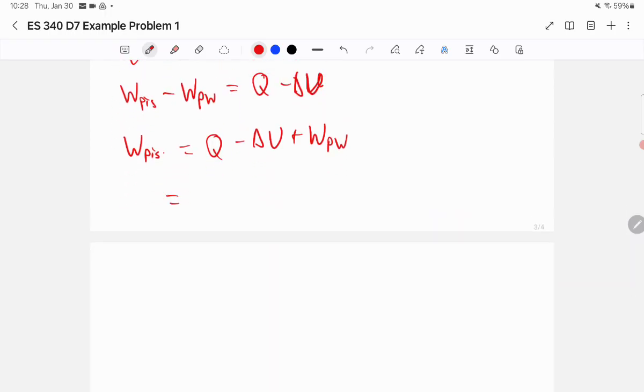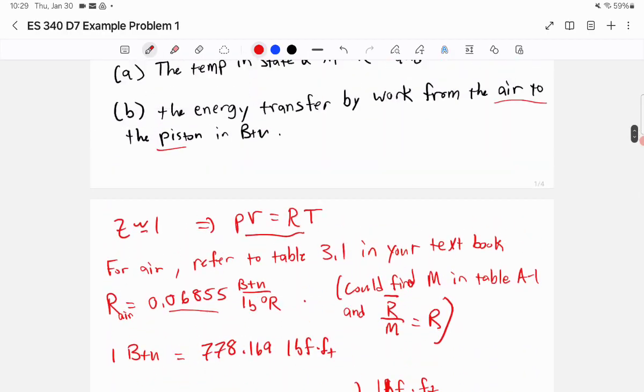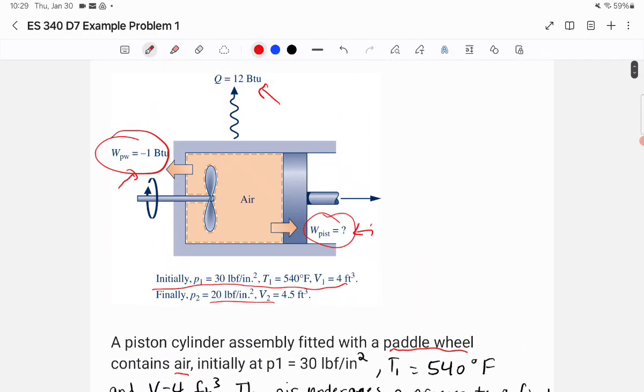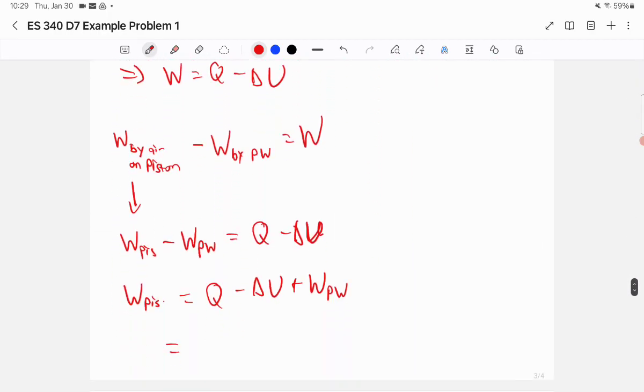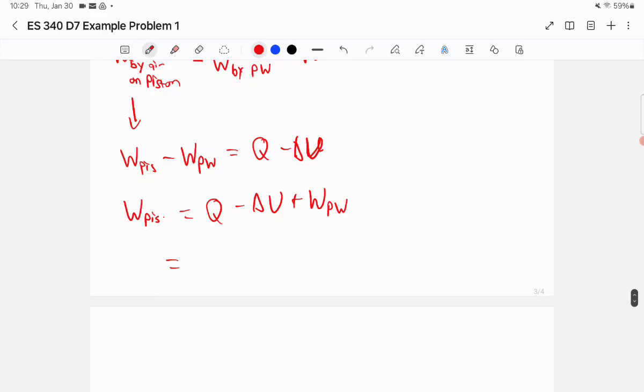Which is equal to, well, we were given Q, so we know that Q, remember, was going out from the air. The air was heating the surroundings, and so we had actually minus Q, right?